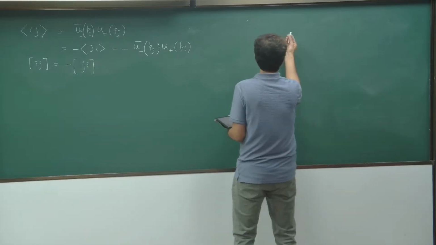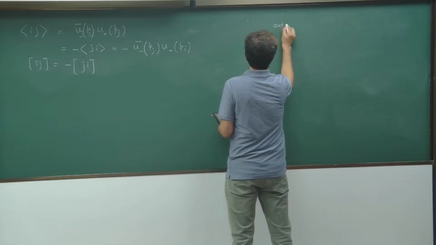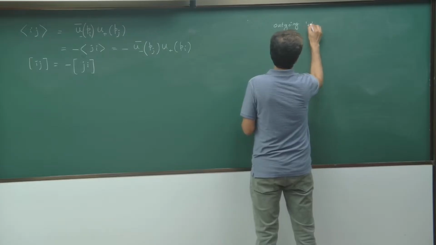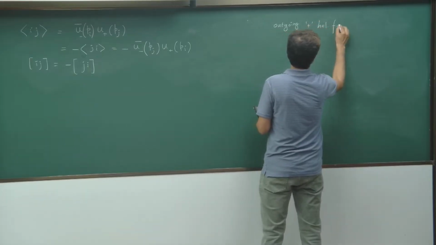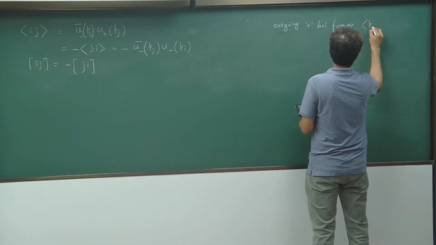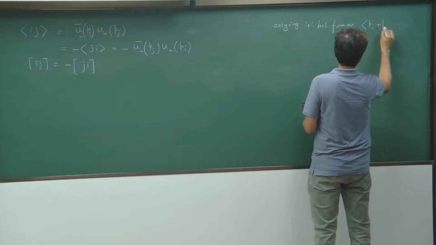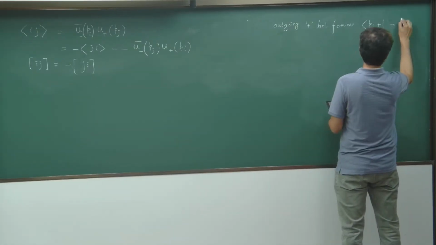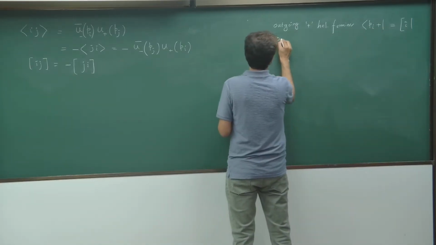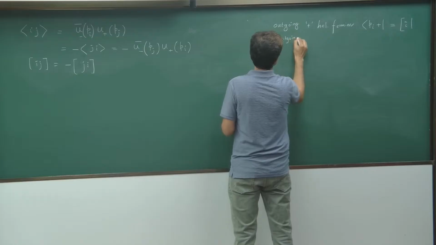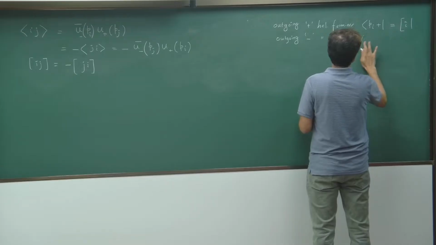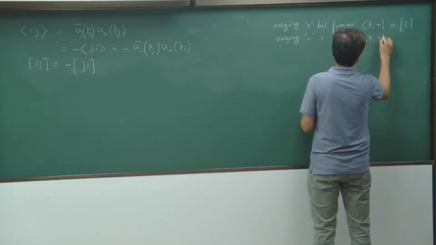So this part, let me write it down in this fashion. Outgoing plus helicity fermion, that is basically pi plus, which is square. Okay, outgoing minus helicity fermion, that is pi minus.